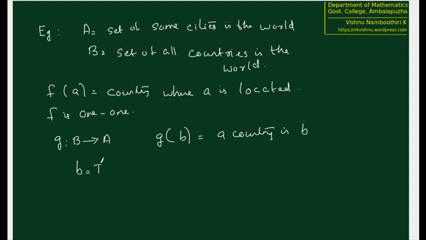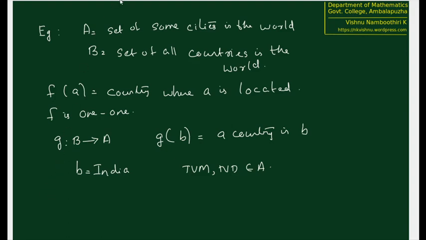Suppose we have in A Trivandrum and New Delhi, then it is not very clear whether g of b is going to be equal to Trivandrum or New Delhi. Therefore, this definition of g is not even a function. This is not qualified to even become a function.